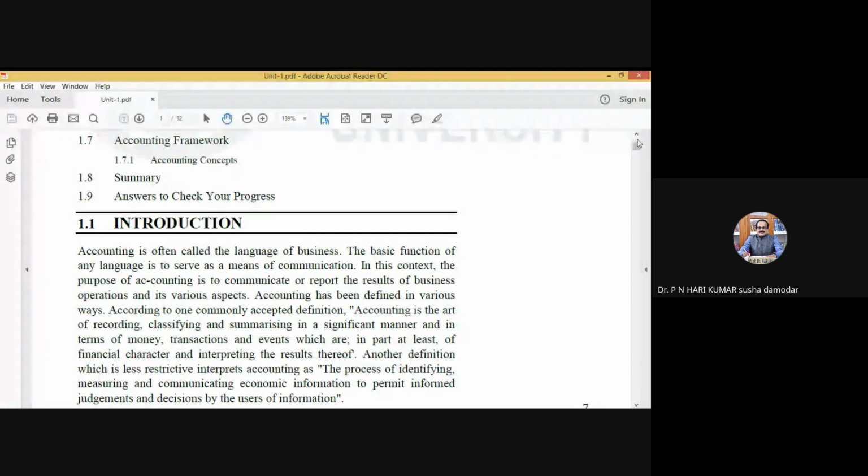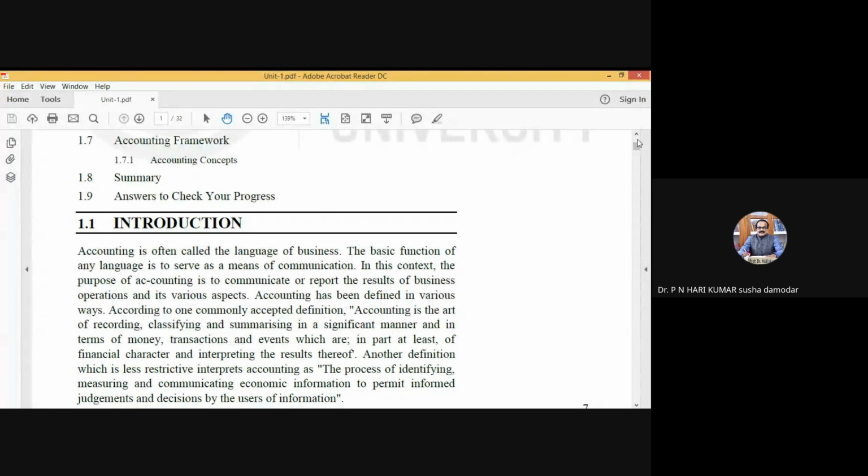Similarly, business uses a particular language for communicating the business results. Business results means the outcome of a number of transactions in business. Such a business result shall be communicated to the stakeholders of business, and that language used for communication is called accounting.